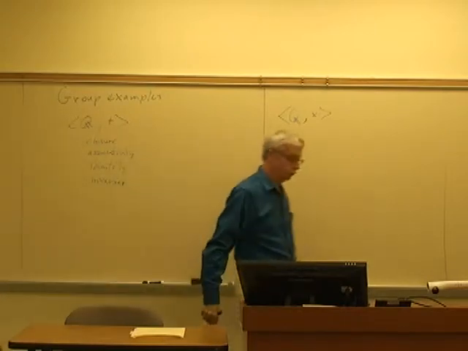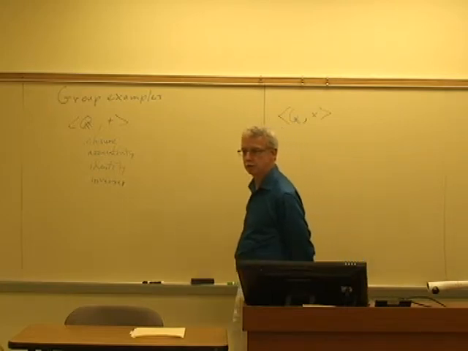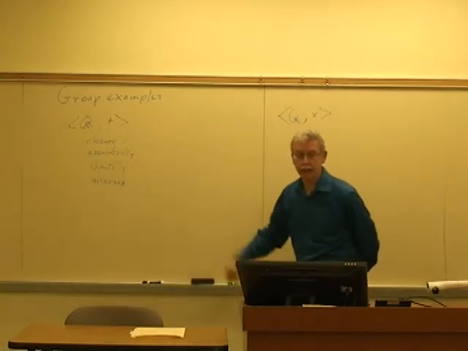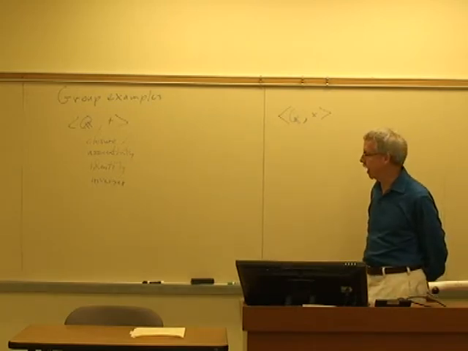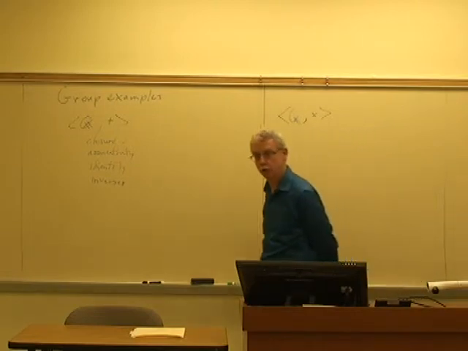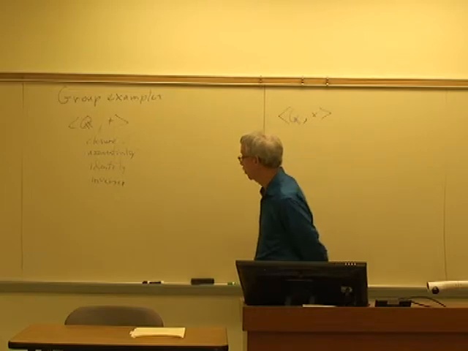How do we look in the rational numbers with addition? Do we have closure? Sure. I add two rational numbers, I get a rational number. Is addition of fractions associative? Sure it is. I can prove it, assuming that integer addition is associative.